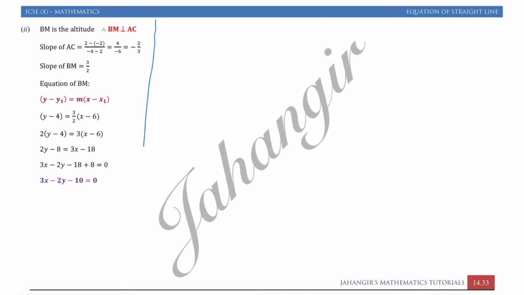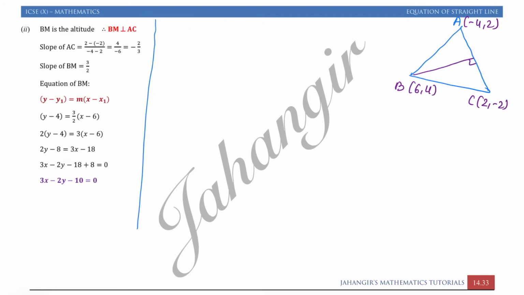So for that also we will draw the triangle, A minus 4 comma 2, B 6 comma 4, C 2 comma minus 2. Here we have BM as an altitude. So BM is perpendicular to AC.